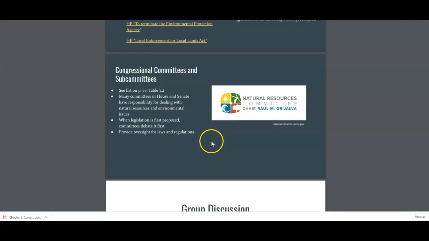And then there are congressional committees and subcommittees, and you can see this in Chapter 5. In this table, you'll see committees for the House and committees for the Senate. They're very similar. They're not exactly the same, but they're very similar. And of course, those are just the committees that are relevant to our class.